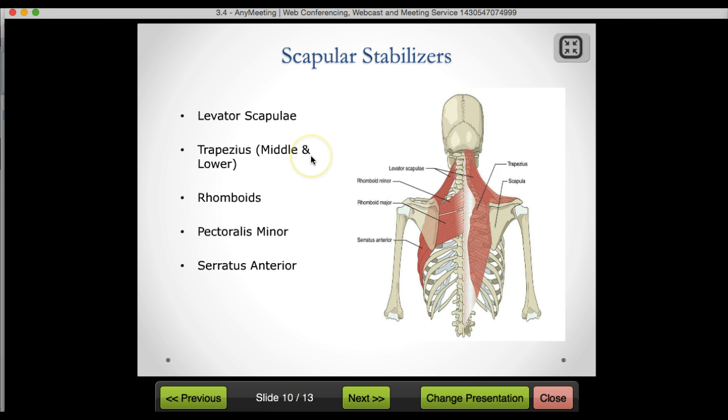We have the trapezius, and in terms of scapular stabilizers, the middle and lower portion act to retract, bringing the medial border towards the spine, and upwardly rotate the scapula. These are really big, powerful muscles, and the upper trap really is not involved so much in scapular stabilization.